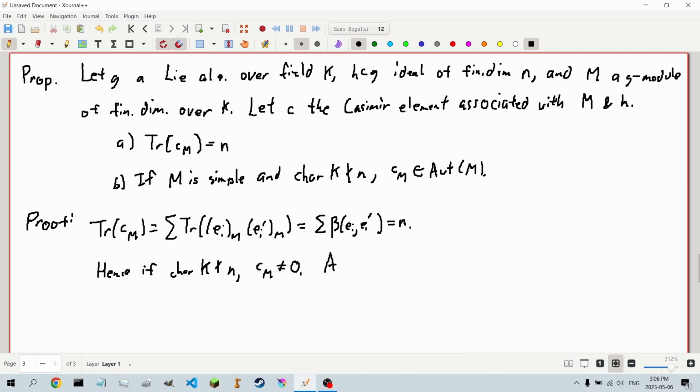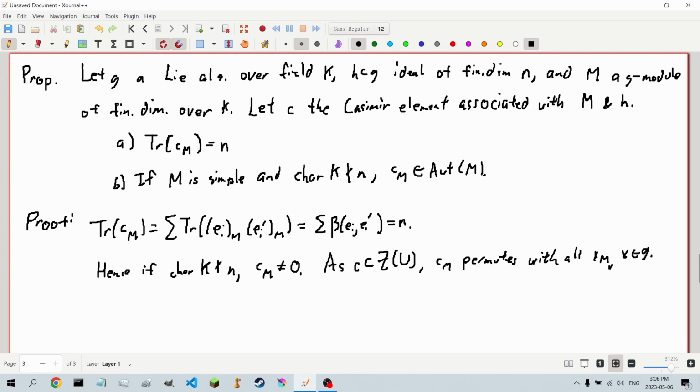Now, C belongs to the center of U, where I'm guessing you use the enveloping algebra of G. C_M is permutable with all actions represented x_M for x in G. You know what I mean?